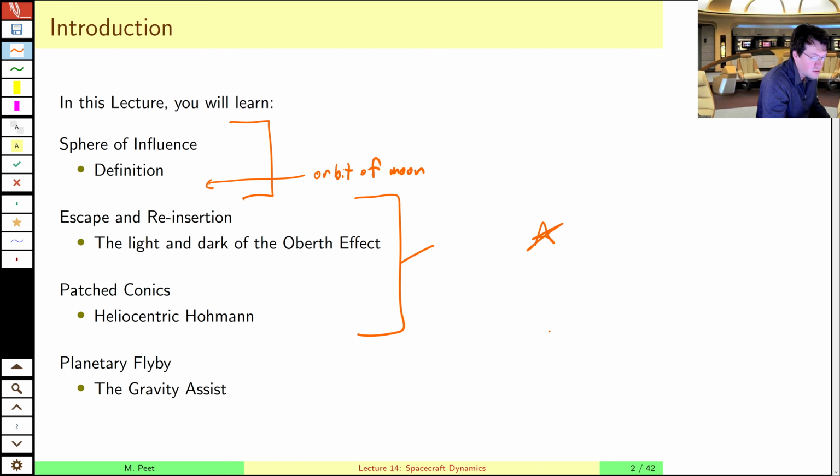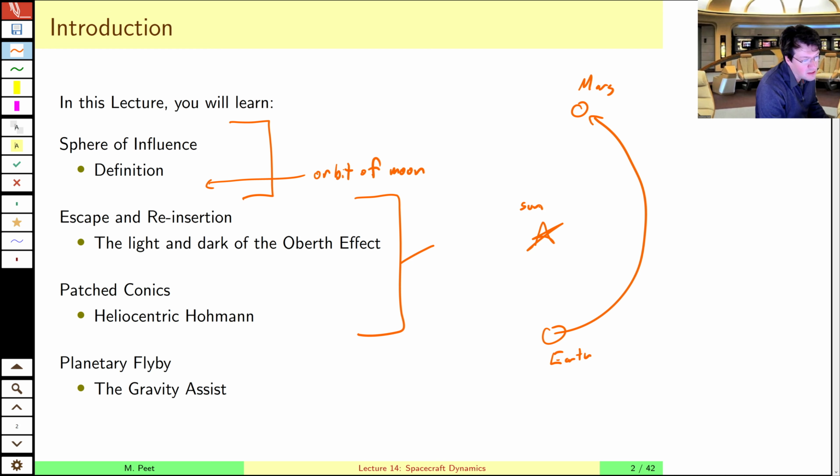Here's the Sun, here's the Earth, here's your destination planet, Mars, say. So I'll talk about leaving the sphere of influence of the Earth, transiting the sphere of influence of the Sun, and what happens at arrival at the sphere of influence of the other planet. So in this case, it's Mars.